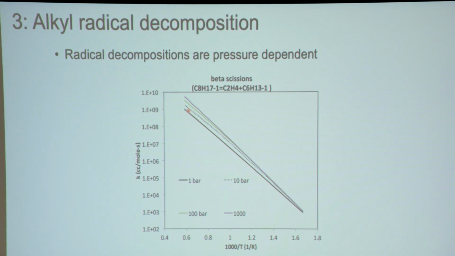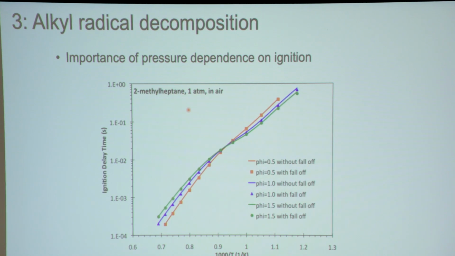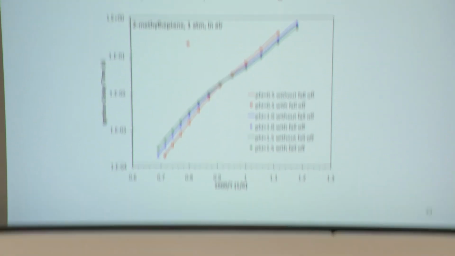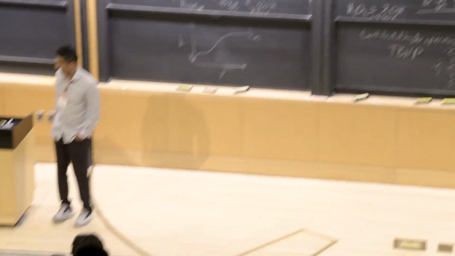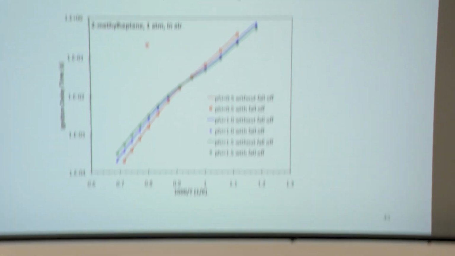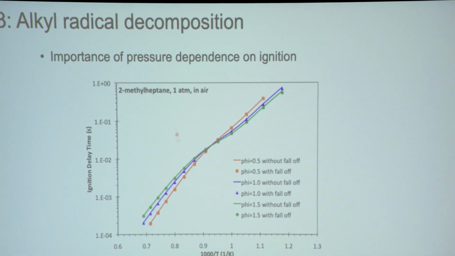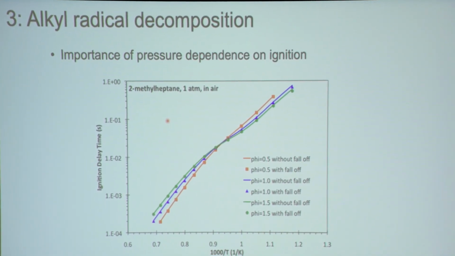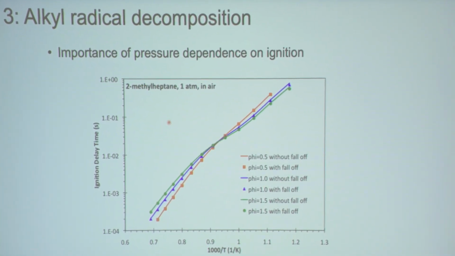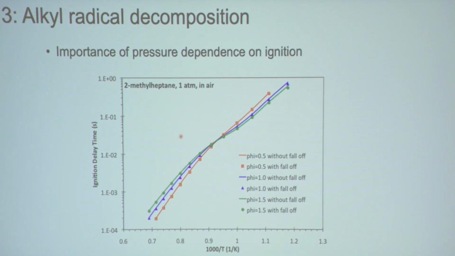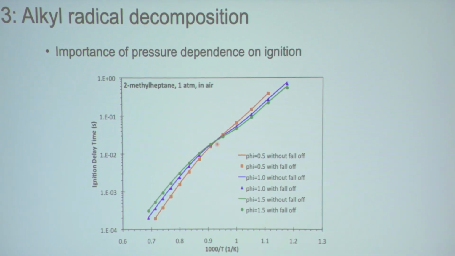Again, it depends what you want to predict. So I do a simple test. Usually what I do first is I'll do this test for one molecule and see, is it really important? And you see here, if you calculate ignition delay times, in this case, I built a model for 2-methylheptane because I had all the rules for it. And I see, okay, for this class of reactions, if I include pressure dependence and if I don't, what is the effect?